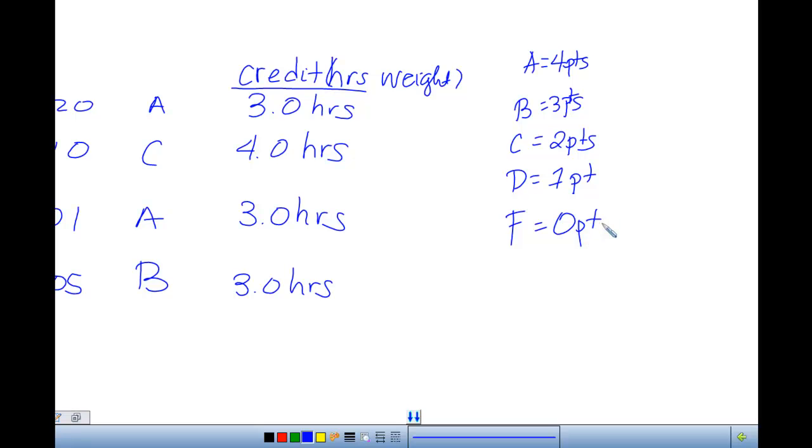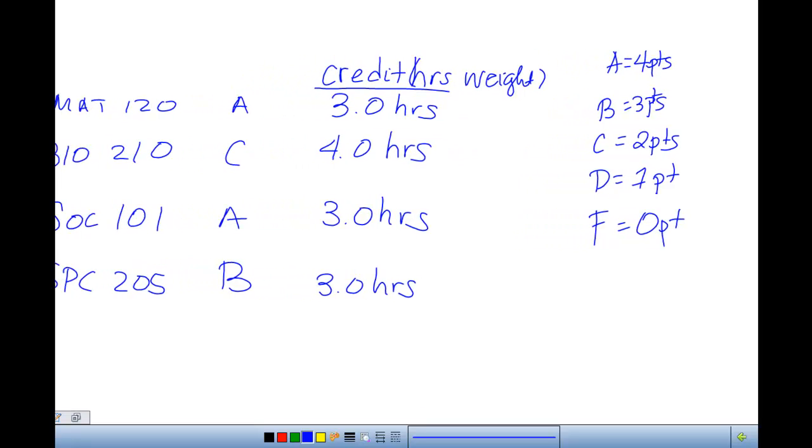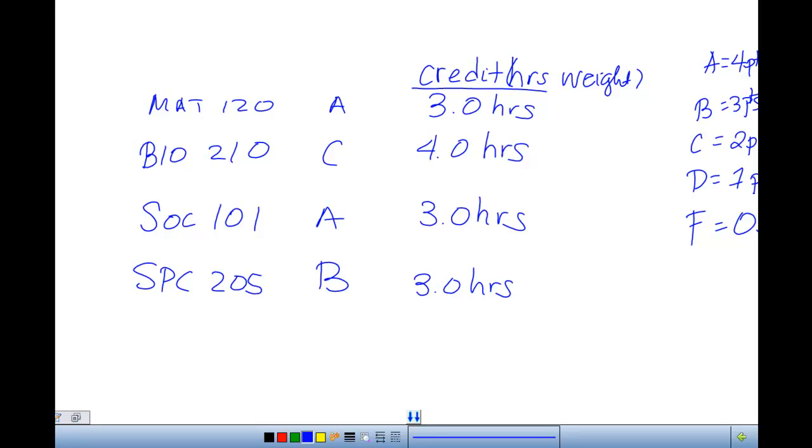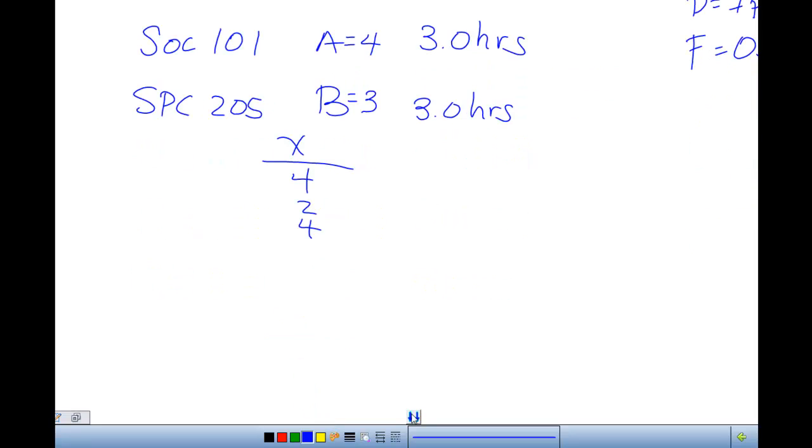All right? So if we wanted to calculate our GPA, in this case, my X values would be 4, 2, 4, 3. Okay? I'm going to summarize that here. And then my weights are what?